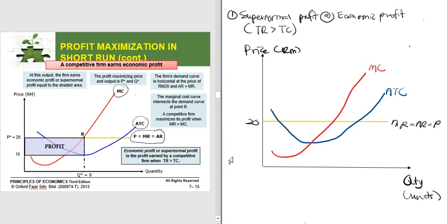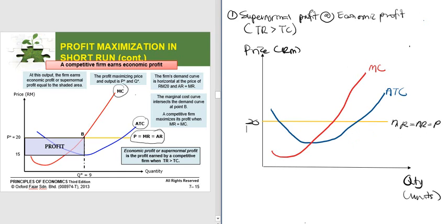That's why it's important that you do your assignment where I ask you to sketch the average total cost, marginal cost, average variable cost, and average fixed cost curves, so that you are familiar with how to locate the curve for each of the costs.